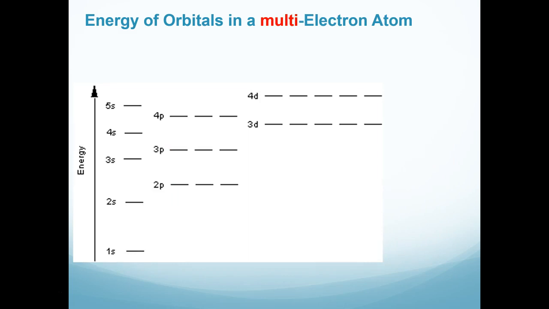But as soon as we start to add in more electrons, this changes. So notice that I have 2s down here, and then 2p is a little bit higher in energy. So we want to start to think about why that's the case. And in this case, once I have more than 1 electron, the energy is not only going to depend on the principal quantum number, but it's also going to depend on the angular momentum.